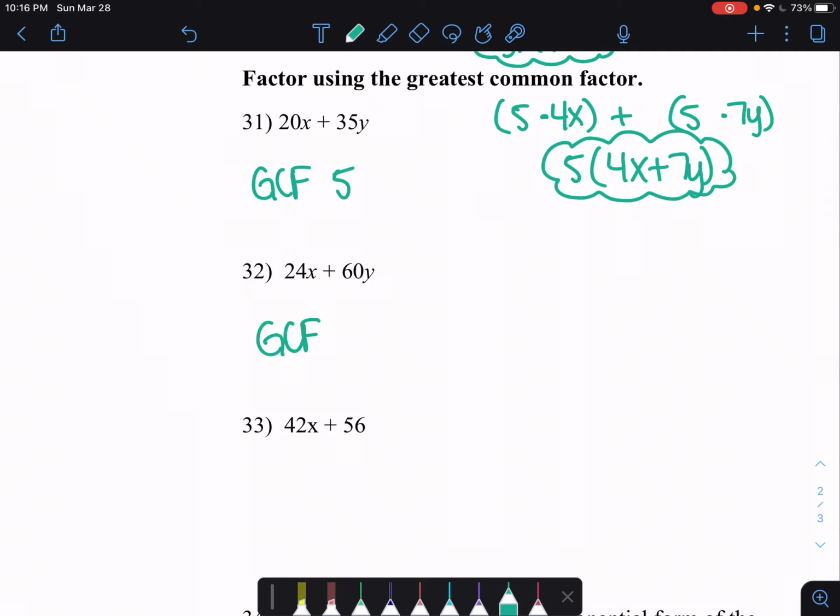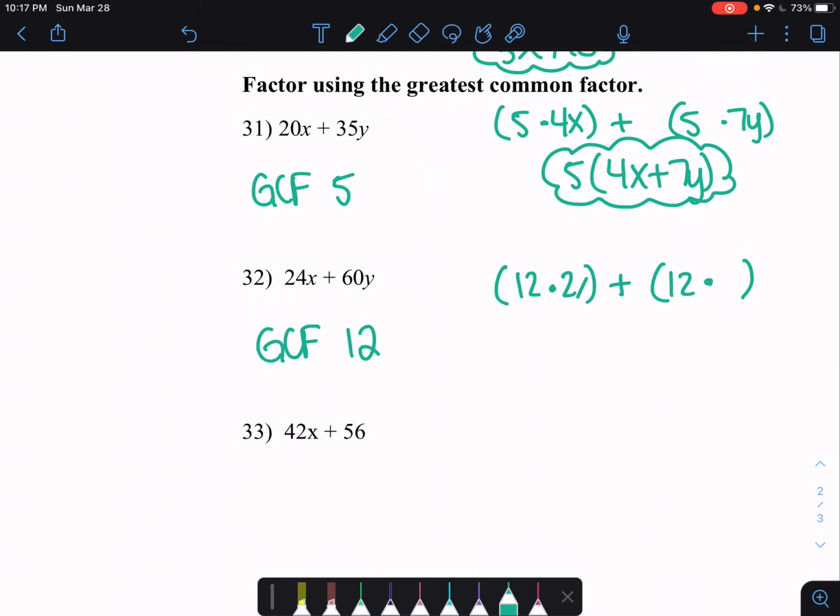For 32, the greatest common factor between 24 and 60 is going to be 12. So again, I'm going to build my skeleton with 12 in the first spot. So 12 times 2x and then 12 times 5y.